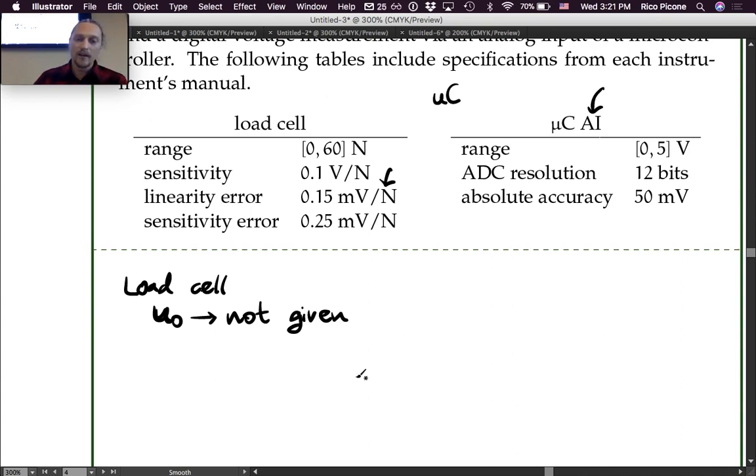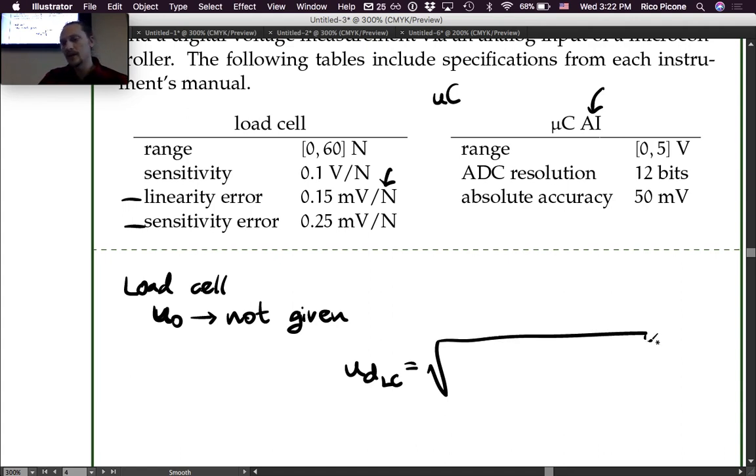So let's do that. U design for the load cell equals, so we're going to use the root sum square. We have two given error values from the spec sheet, so two sources of uncertainty. We're going to use the RSS of that, and we want the maximum uncertainty.